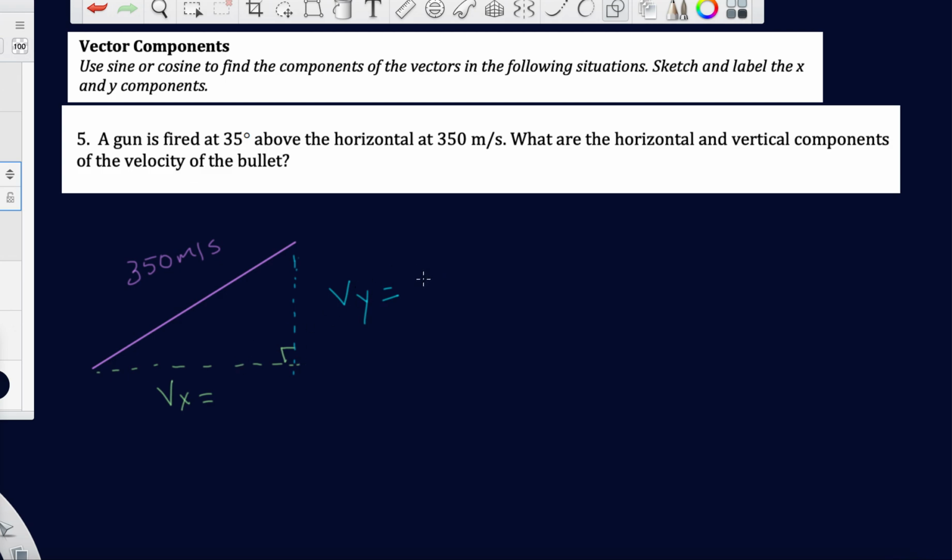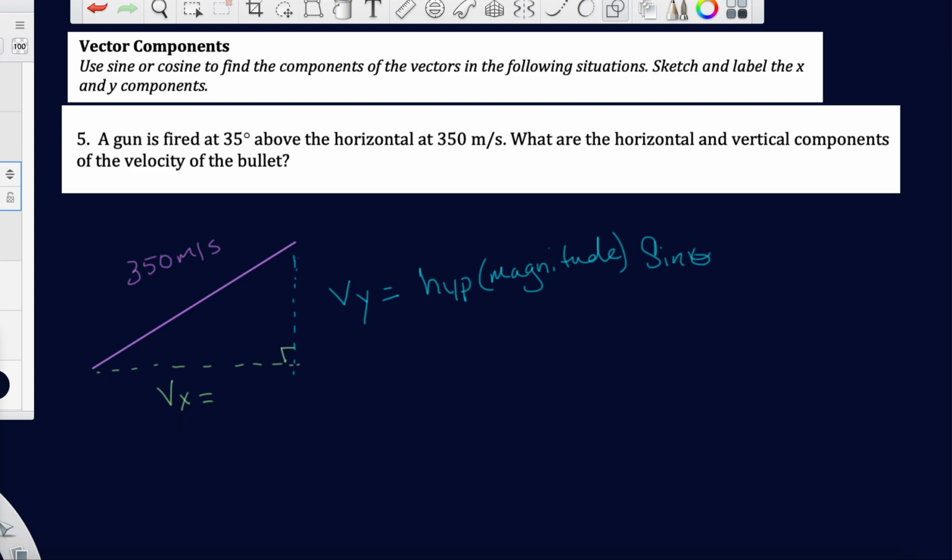Vy, to find it, is the magnitude, or the hypotenuse, times sine of theta.